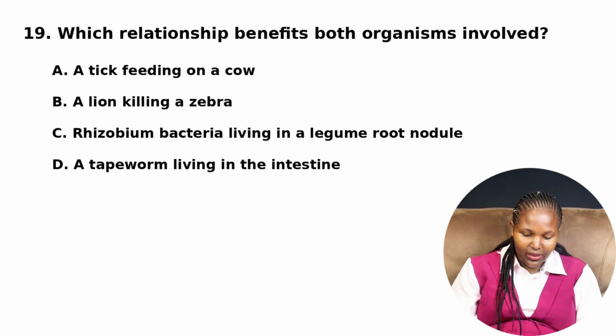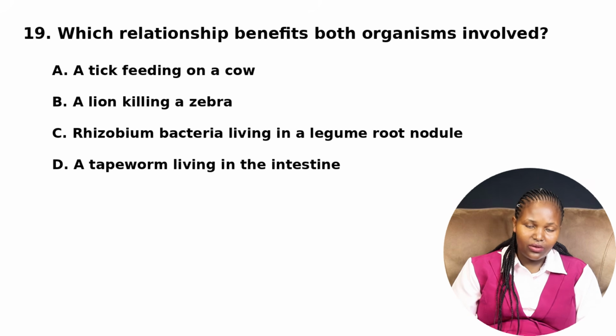Then with that, we go to question number 19. Which relationship benefits both organisms involved? A tick feeding on a cow, a lion killing a zebra, rhizobium bacteria living in a legume root nodule, a tapeworm living in the intestine.